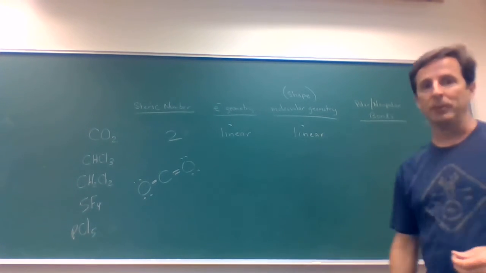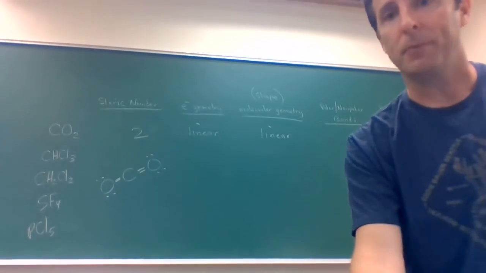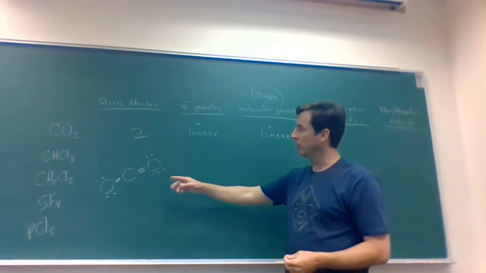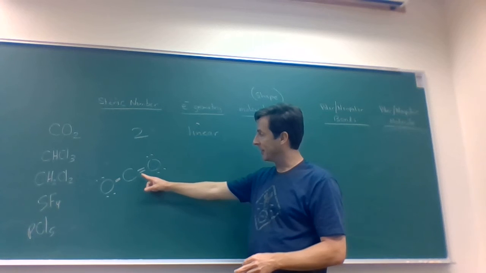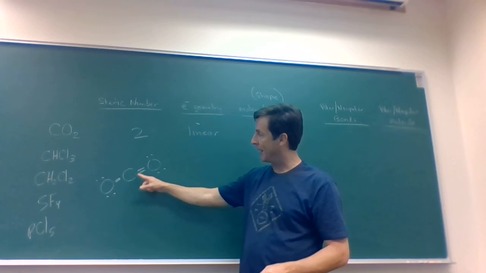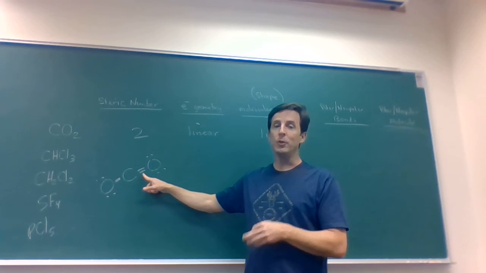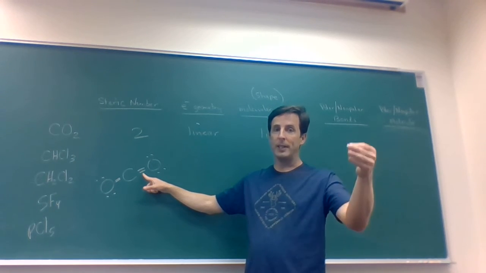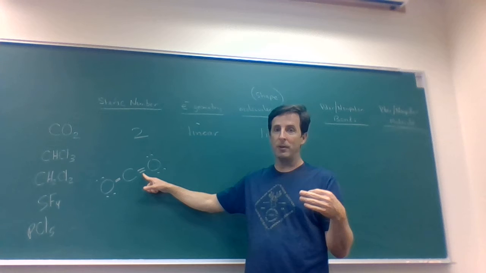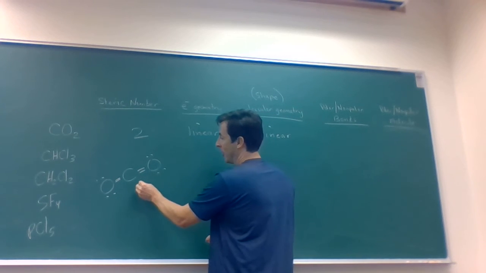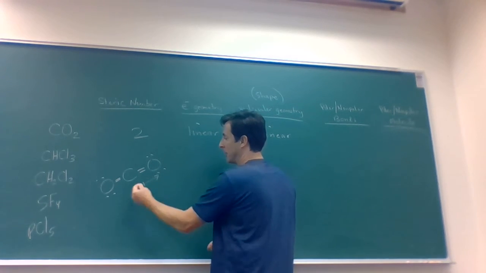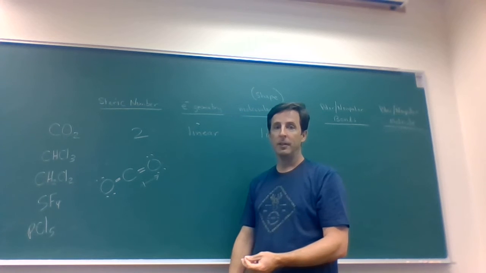So that brings me to the bond type. If I look at CO2, pick one bond, the bond between these 2 atoms, is that bond polar or nonpolar? You should know that oxygen is more electronegative than carbon based on the trend that we learned. So I could draw an arrow and say, okay, that bond, the electrons are being pulled towards oxygen.